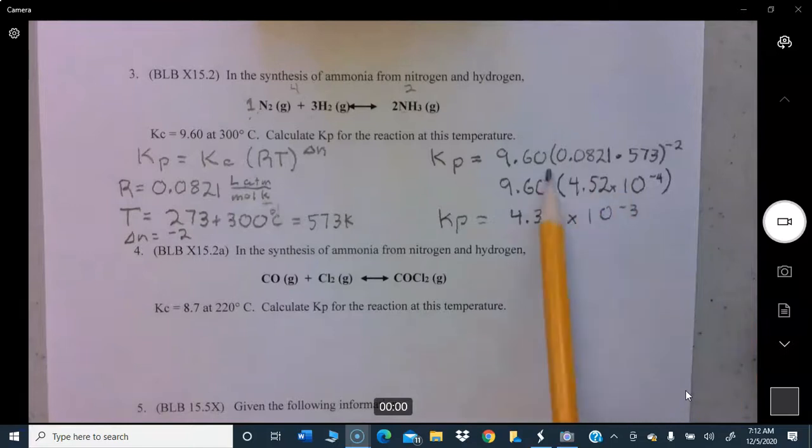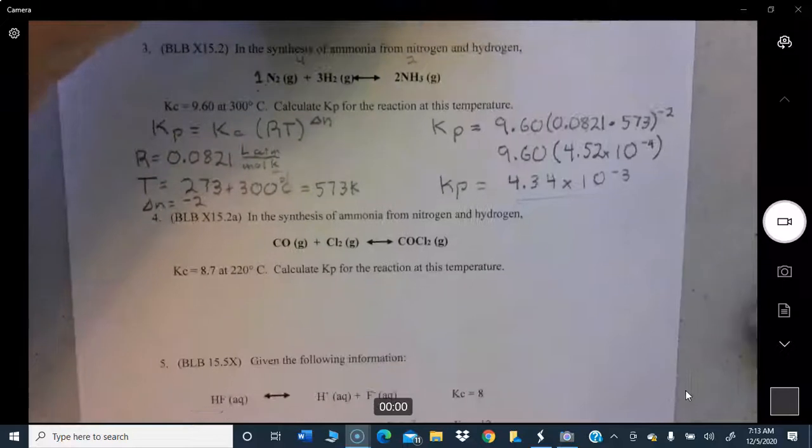Okay, so we just plugged in the numbers. There's R, there's the temperature in Kelvin. Remember to raise it to this power before you multiply by 9.6, and that's your final answer. Again, there are no units of measure on that. All right, let's move on to the next problem.